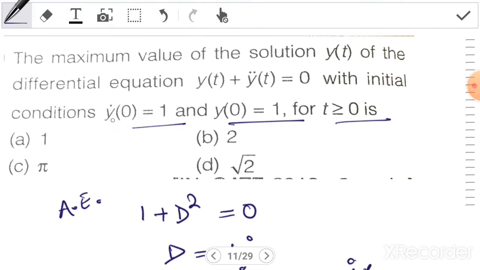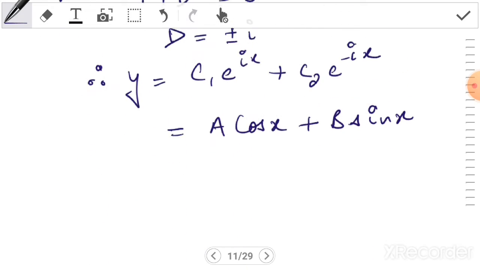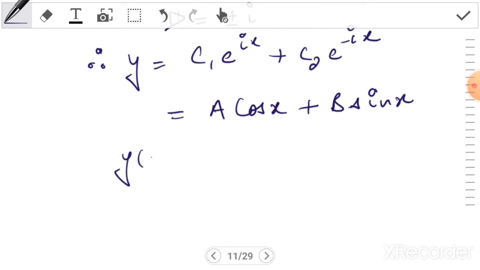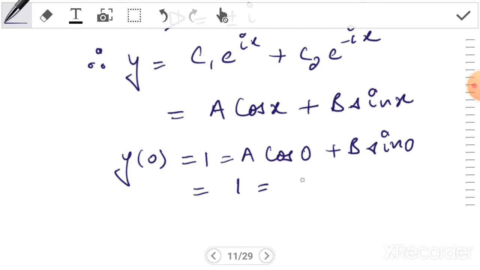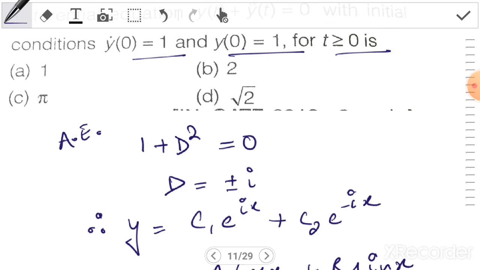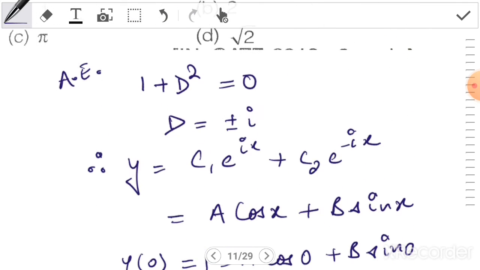Now the conditions are y at t is equal to 0 is 1. So a cos 0 plus b sin 0. So 1 is equal to a times 1 plus 0. That means a is equal to 1. Now first we have to find the first derivative of y.